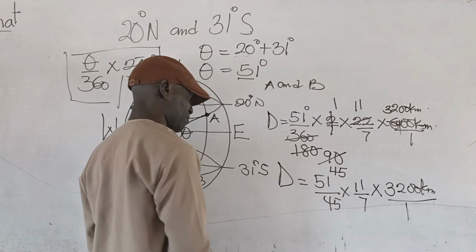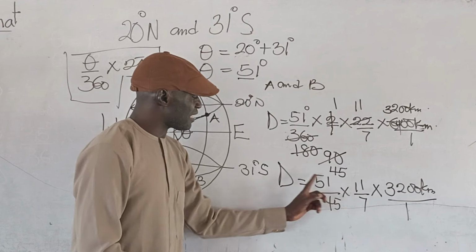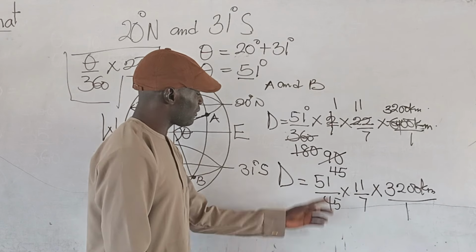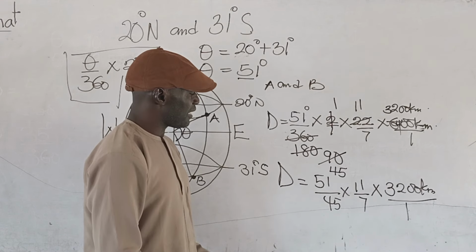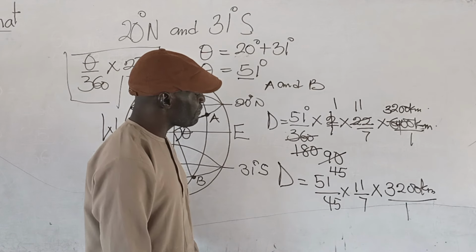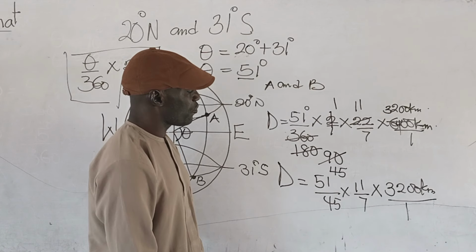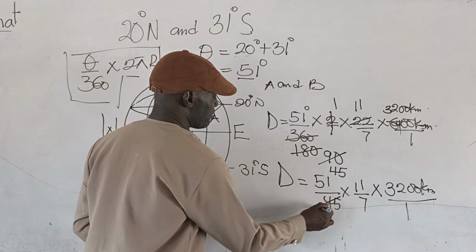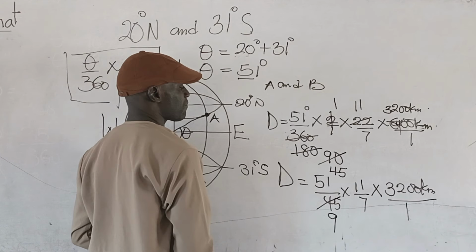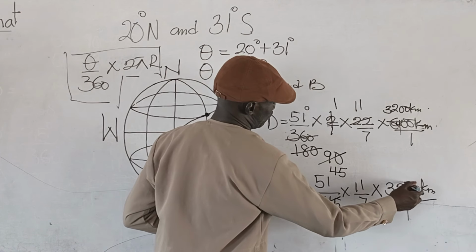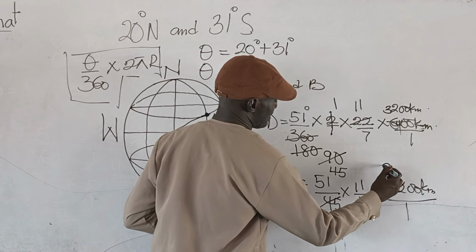In 51 and 7, nothing goes there. 7 cannot go in 51 accurately. And in 45 and 3,200, 5 goes there. 5 goes in 45, which is 9, and 5 goes in 32, in 30, which is 6.